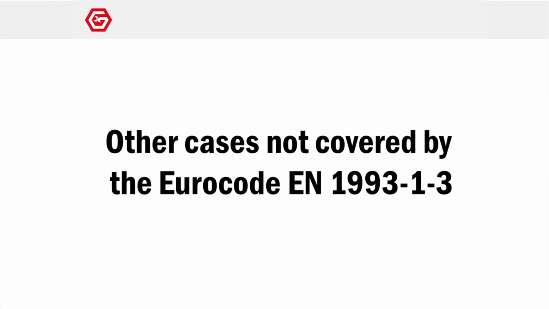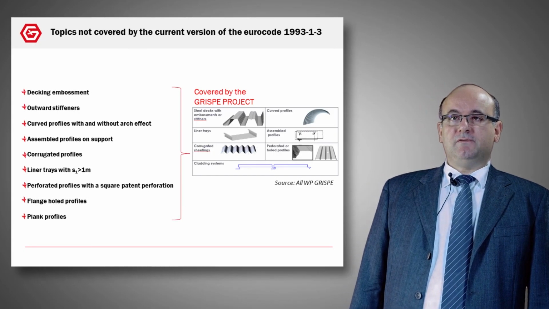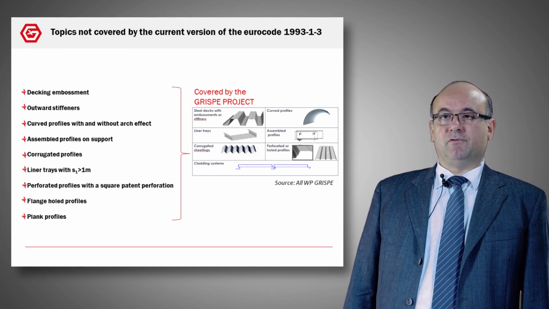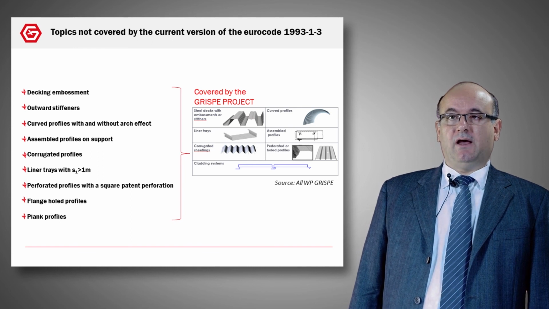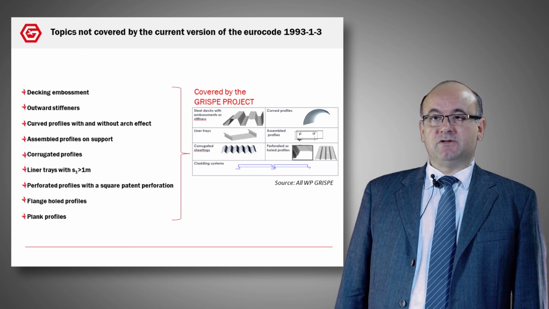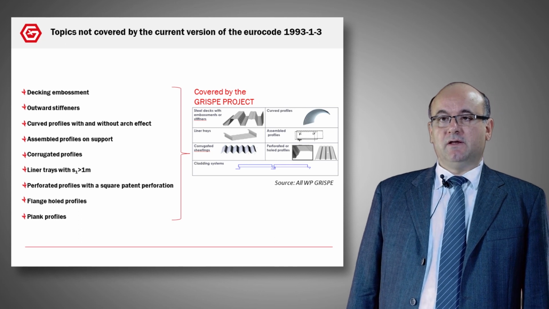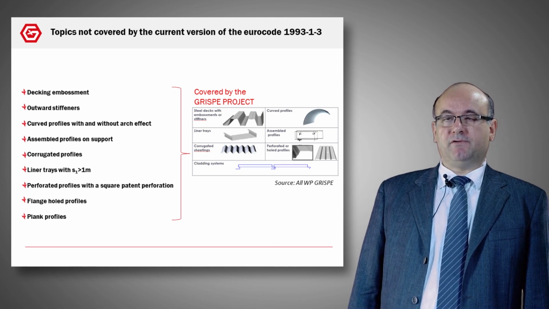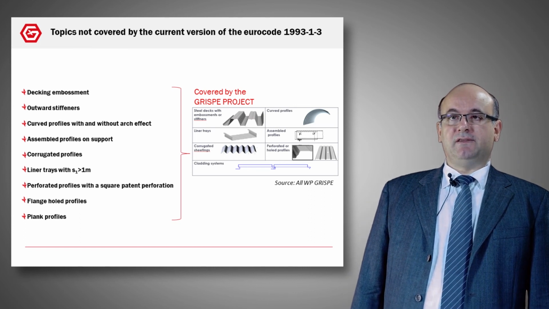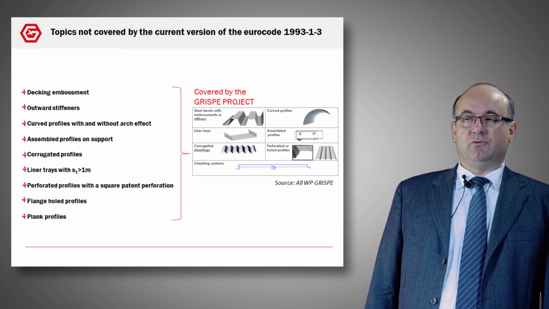Okay, now we are going to see all the cases that are not covered by the Eurocode. For all these types of profiles: the decking embossment, the outward stiffener, the curved profiles with and without arch effect, the assembled profiles on supports, the corrugated profiles, the liner tray with S1 superior to 1 meter, perforated profiles with a square pattern perforation, flange hole profiles, plank profiles, for all these cases that are not covered actually in the Eurocode, you now have some possibilities and some design calculations that are defined in the GRISP Plus project.